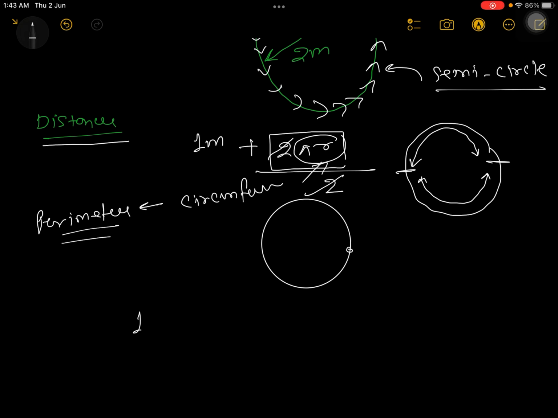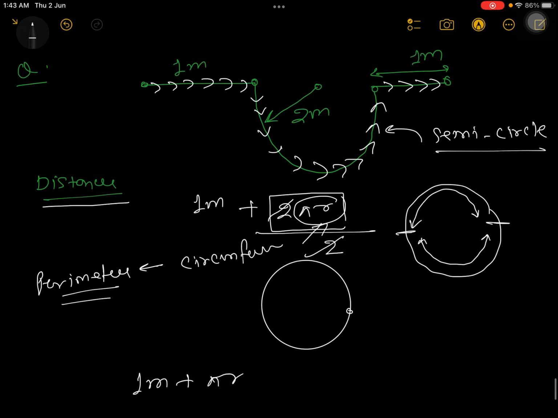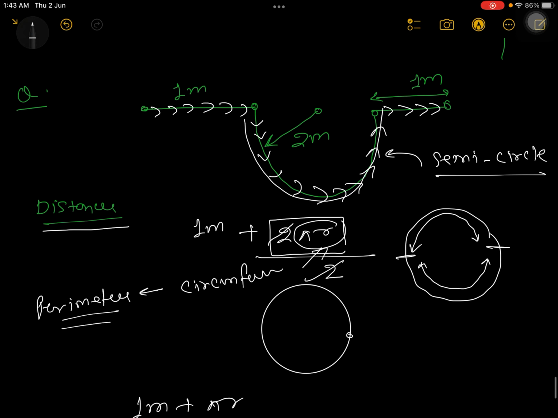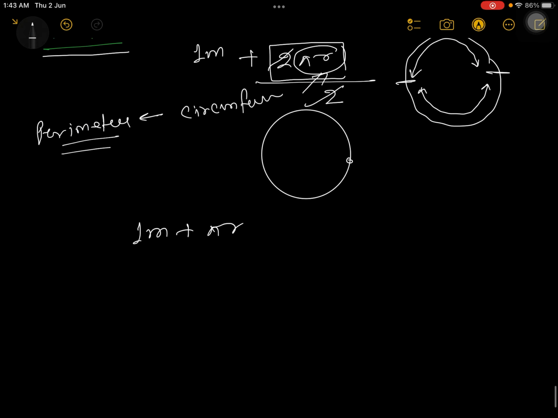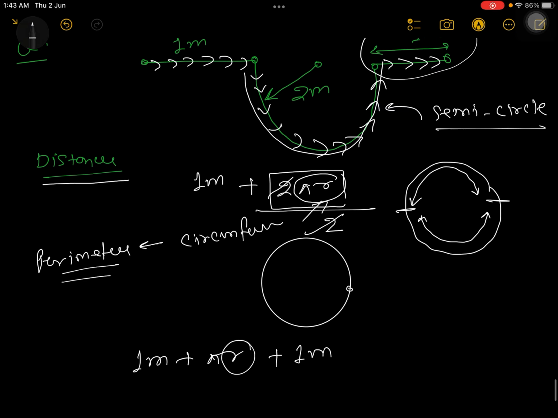So 1 meter is here, and then pi r is this distance. Now you are left with 1 more meter, so you just add 1 meter. What is r here? r is the radius of the circle, which is given as 2 meter.